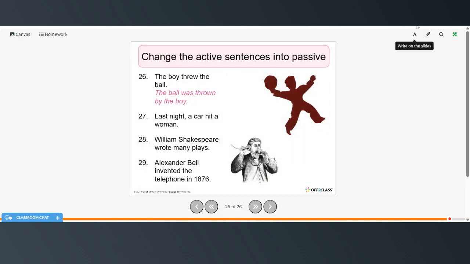Right, now you're going to change again the active sentences into passive. The boy threw the ball. The ball was thrown by the boy. So last night, a woman was hit by a car.